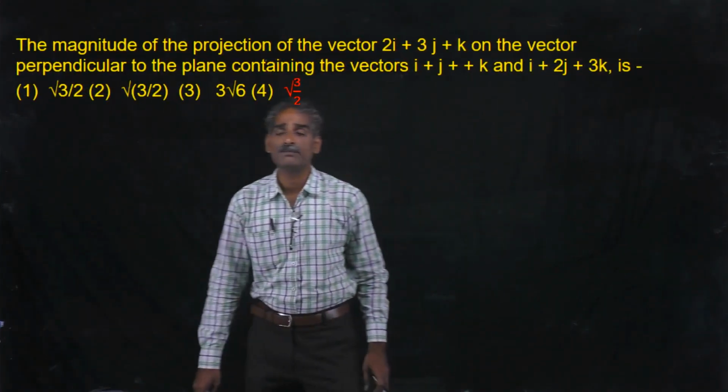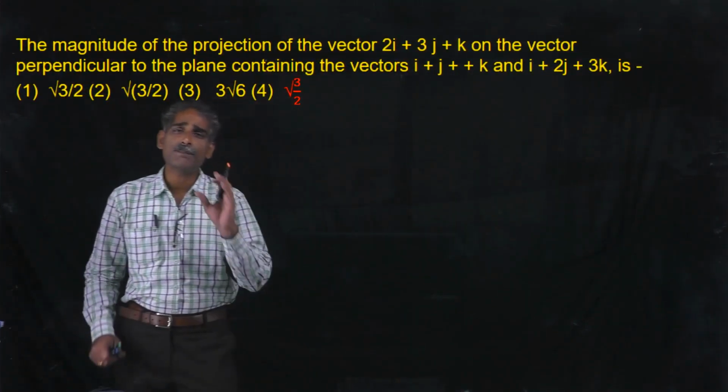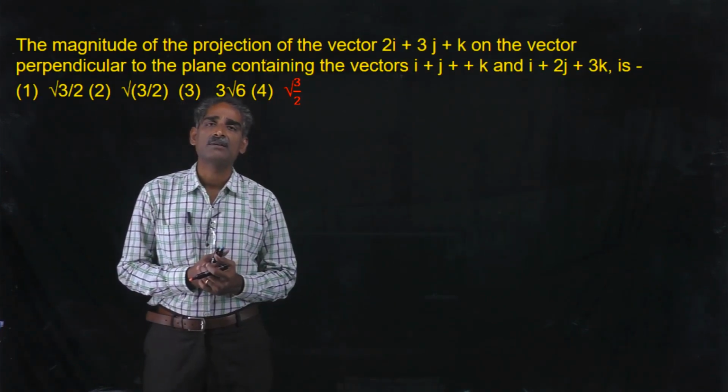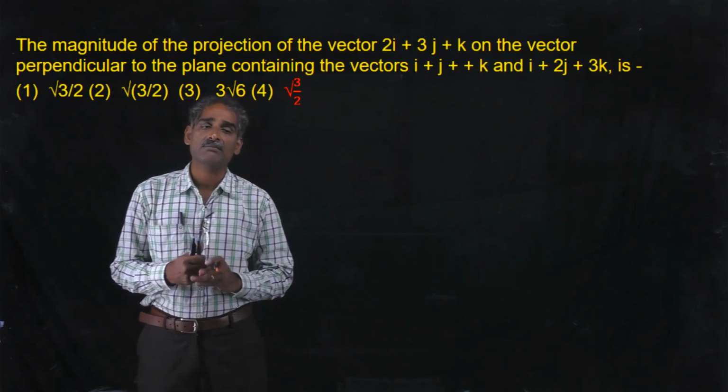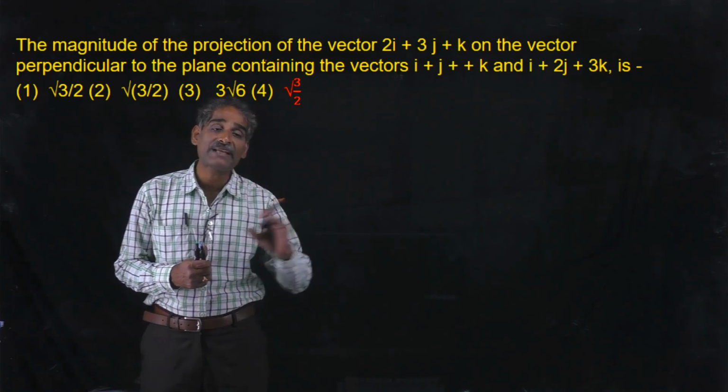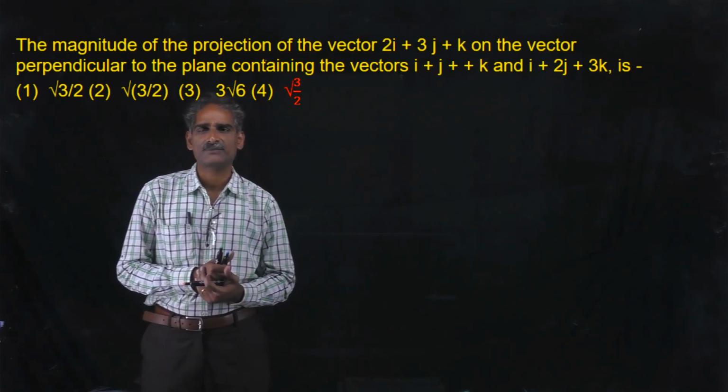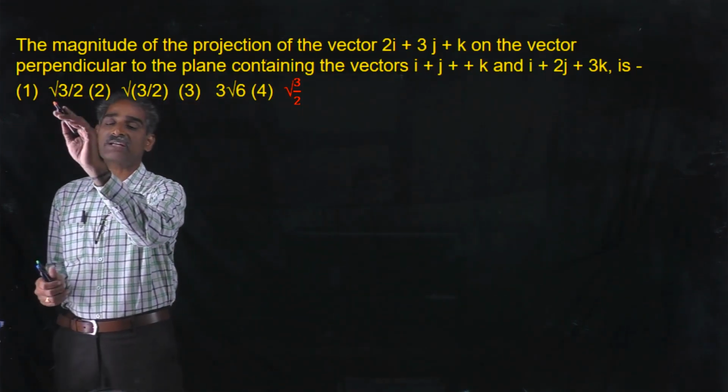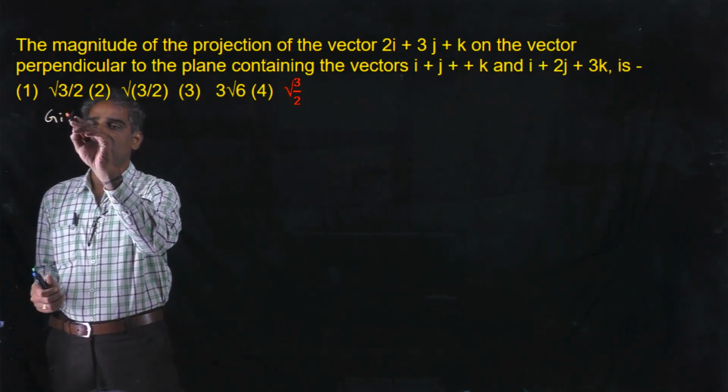See this problem. The magnitude of the projection of a vector on the vector perpendicular to the plane containing the two vectors. Clearly we have been given three vectors here.